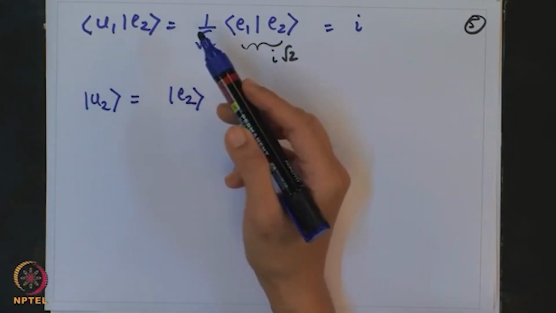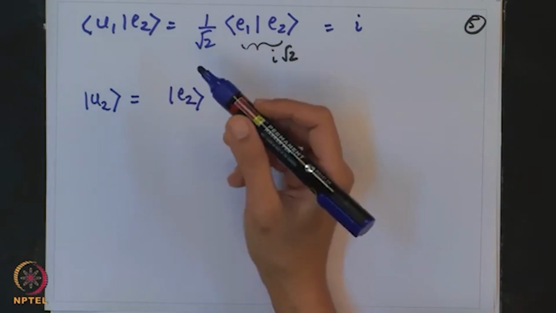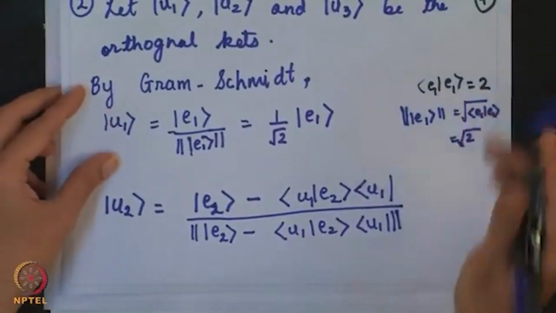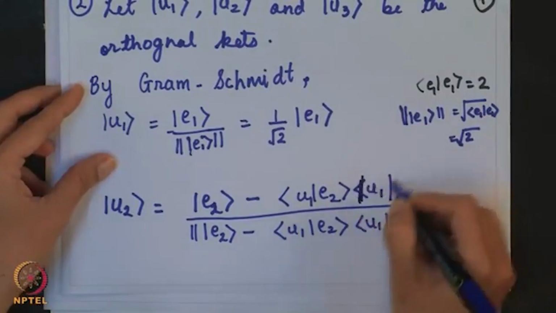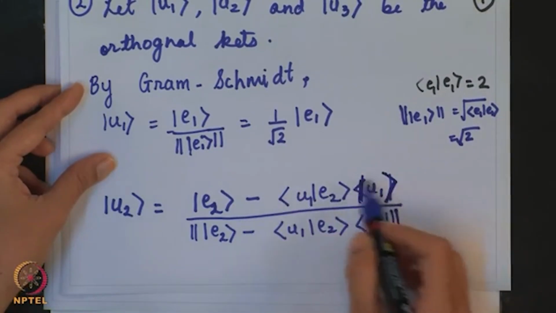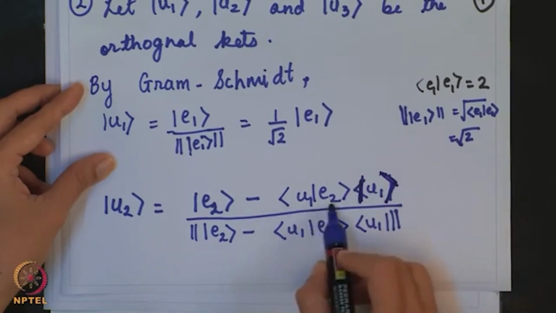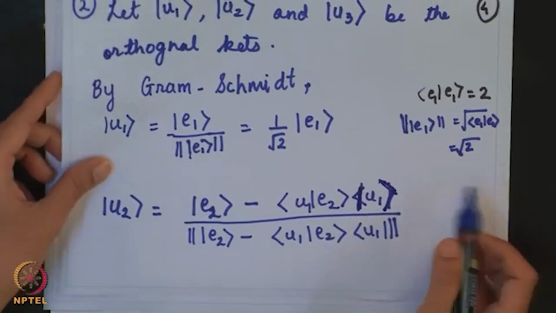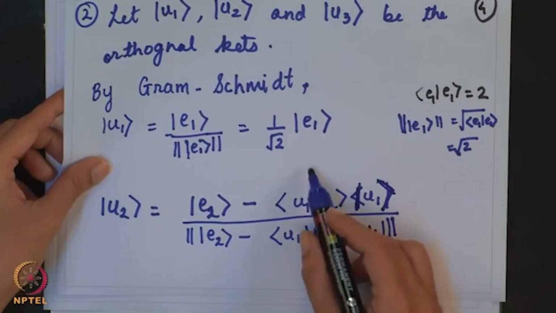So I will just substitute for U1 E2. I am sorry, this has to be a ket. So I will express this as, because I am writing this as a projection operator, U1 E2 is, we have calculated it to be i.